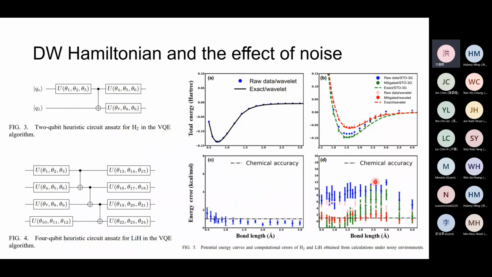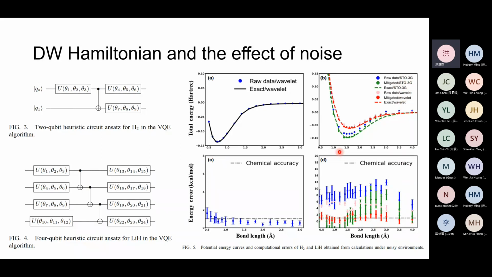And we see the lithium hydride. After running the error mitigation, the red points, we can see that our lithium hydride simulation under the noise effect can also achieve chemical accuracy for most of the points. We also reran the STO-3G simulation.